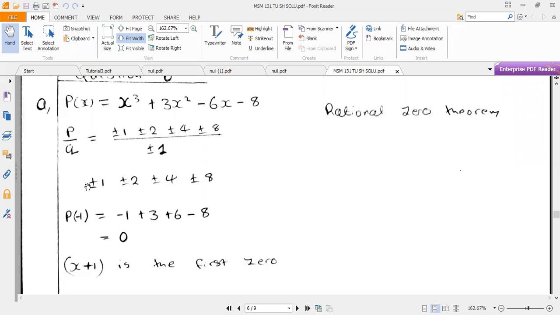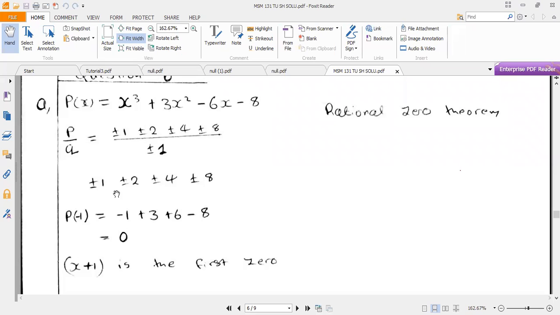Then we pick negative 1. If we place negative 1 in there, negative 1 cubed is negative 1, then we have positive 3, because negative 1 squared is positive 1 times 3 is 3. So it will be negative 1 plus 3, which is positive 2. Then negative 1 times negative 6 is positive 6. Then 2 plus 6 is 8. 8 minus 8 is 0.